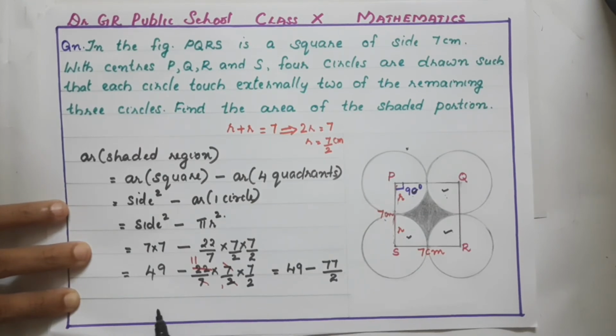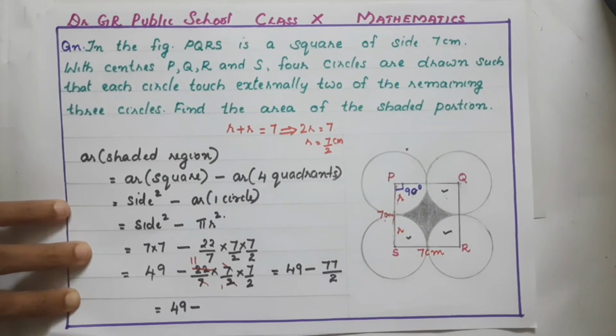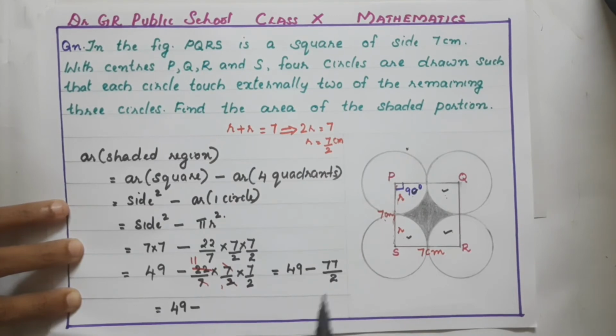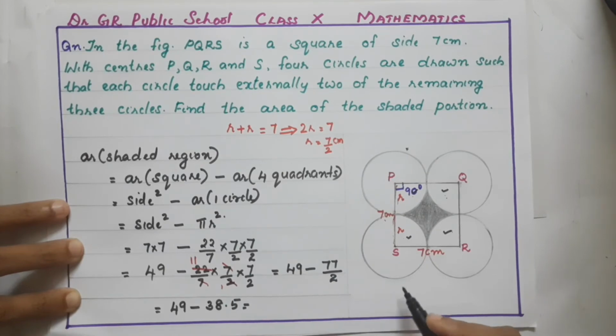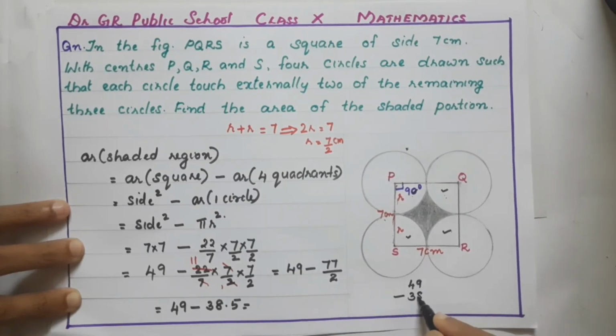Okay. It is equal to 49 minus, what is 77 by 2? 77 by 2 is 38.5. Okay. So 49 minus 38.5. What is it? Here 0.